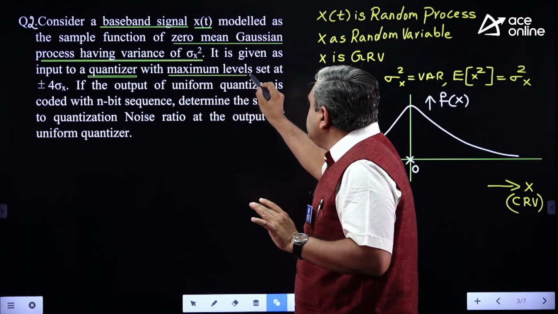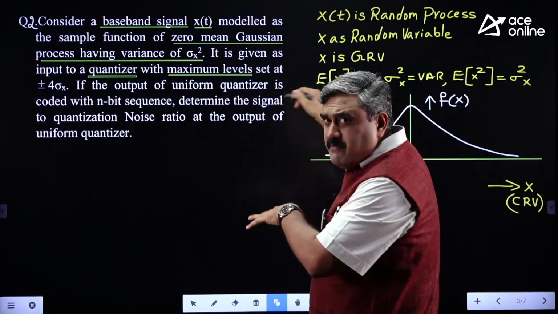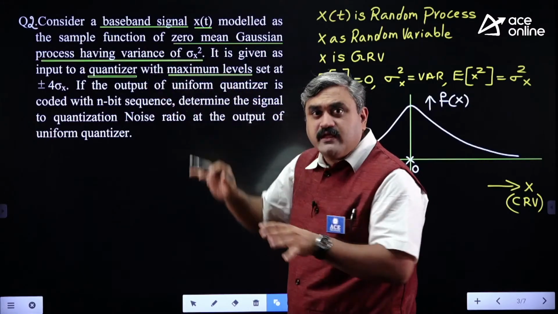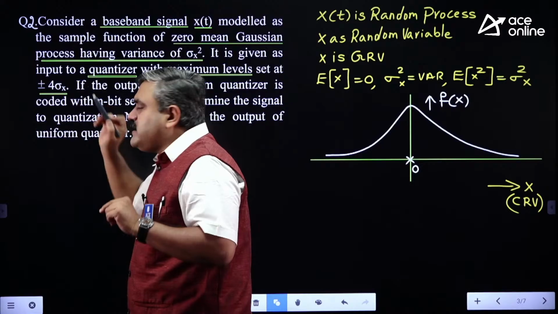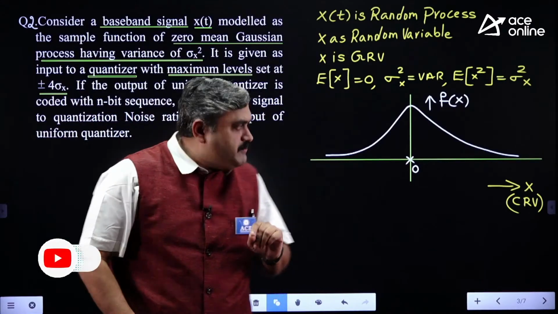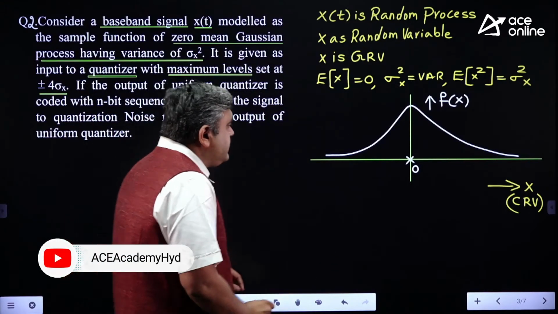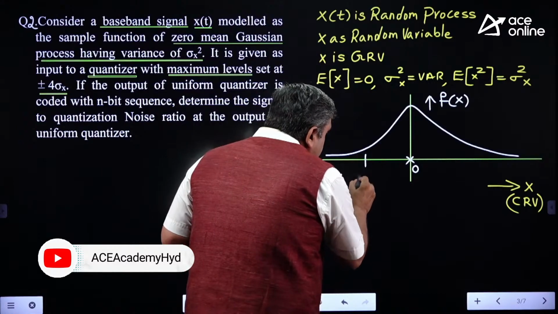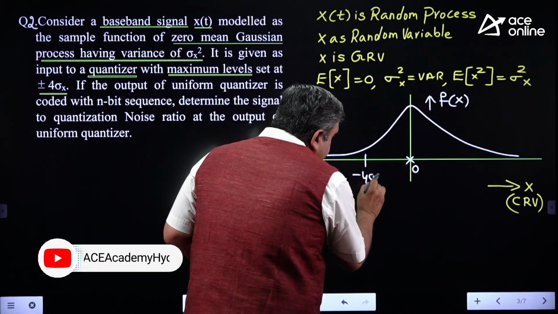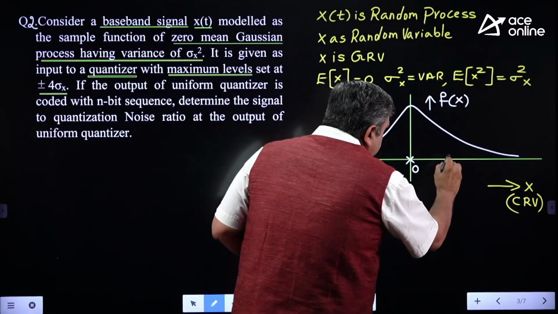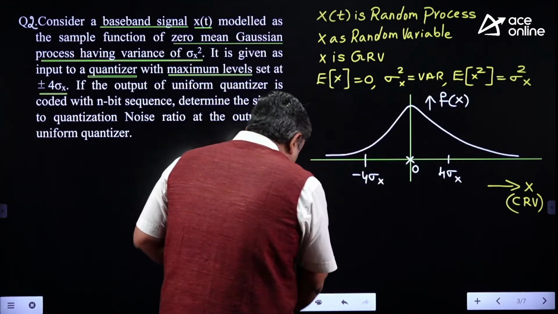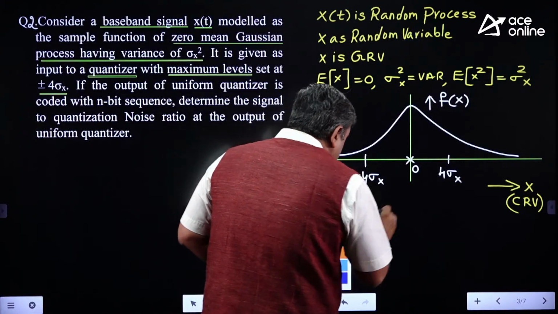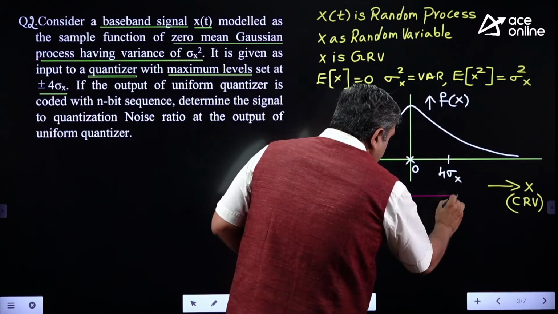He is not giving this entire random variable message signal to the quantizer. He is giving only when the levels are between plus or minus 4 sigma x. That means, what is the meaning? What he is telling here, he is marking a minus 4 sigma x somewhere here and plus 4 sigma x somewhere here. Only these values are given as an input to the quantizer.